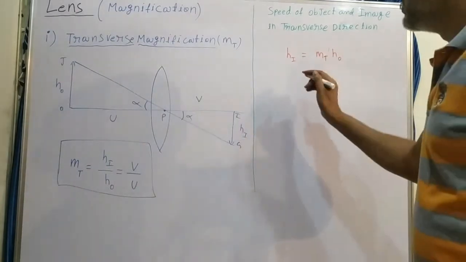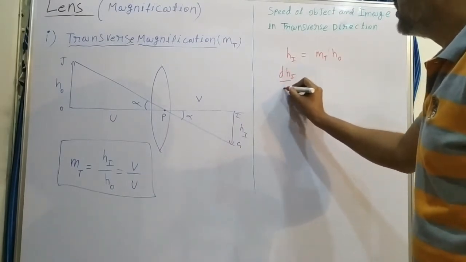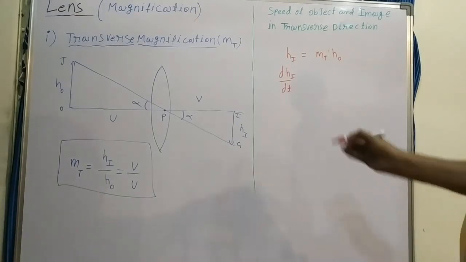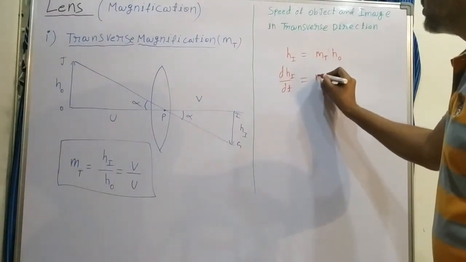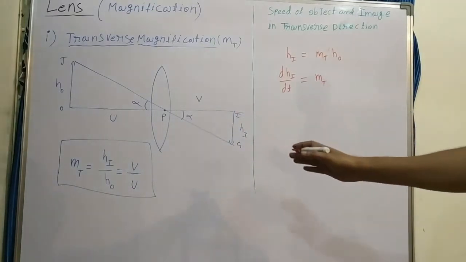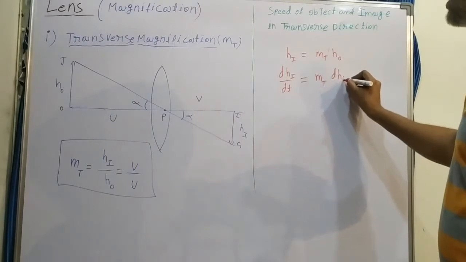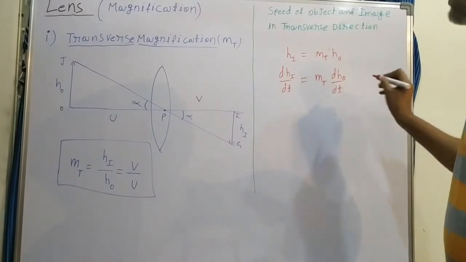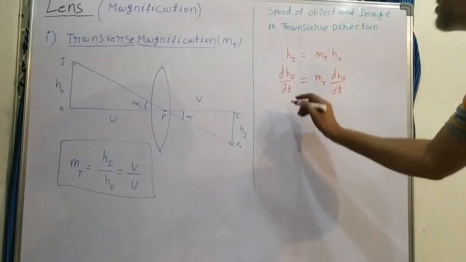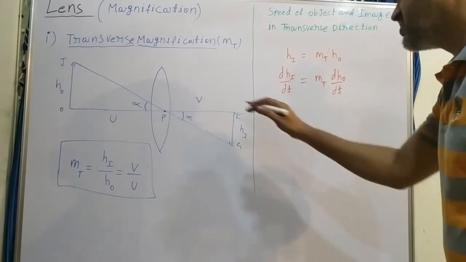If you differentiate both sides with respect to time, dh of the image by dt, the velocity of the image, is equal to mt, which is constant for given object distance and image distance, into d by dt of height of the object.